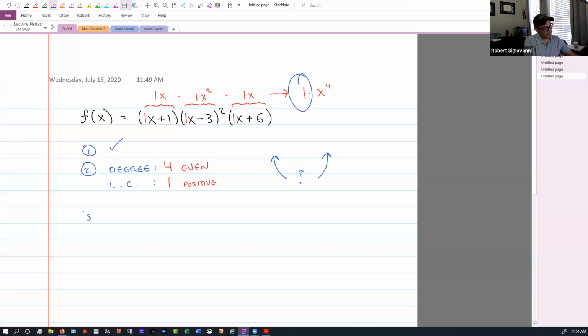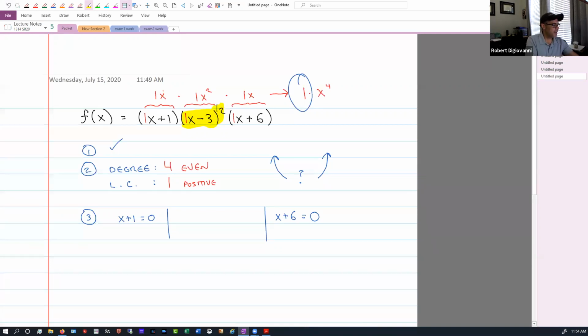Step 3 is to find the x-intercepts. So all we do for that is set each of the factors equal to 0. Now, I'm going to do these over here. Now, let me point something out. We have x minus 3 squared, right?